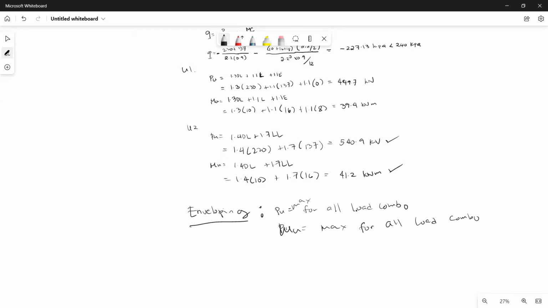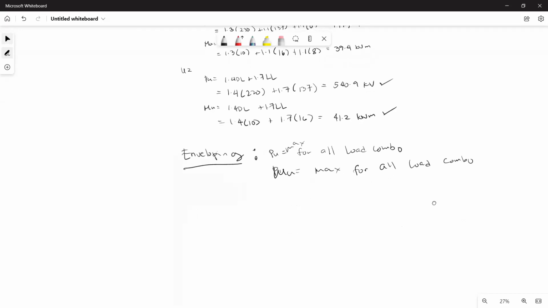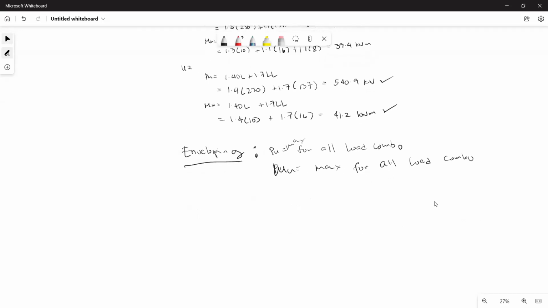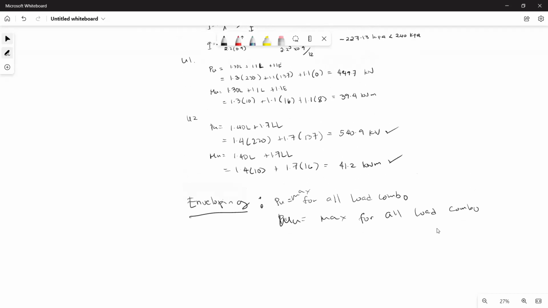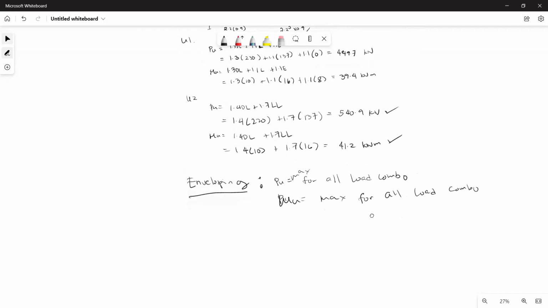I will state in the problem if you will use enveloping or just simply take the governing load combinations. So that is what we will use. Therefore, your actual soil pressure, which is the QU, we have QU max and QU min.